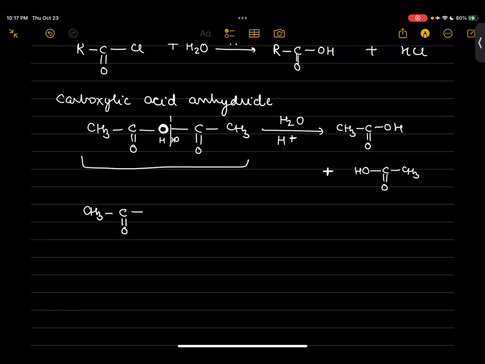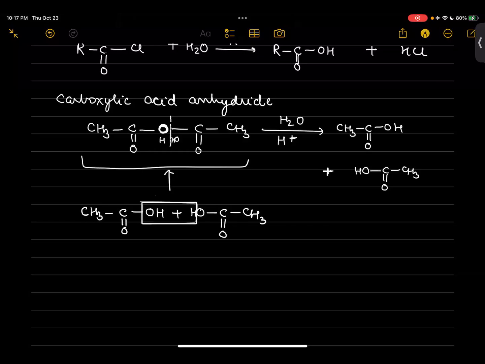So think of how it may have formed. Understanding its formation will help us understand what will happen if you put water into it.